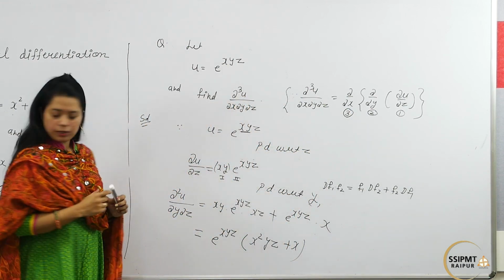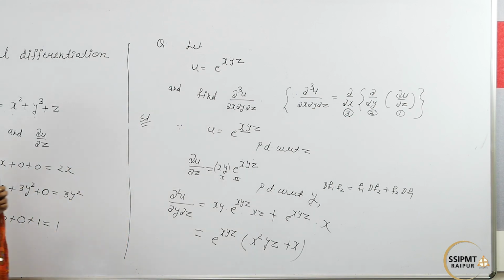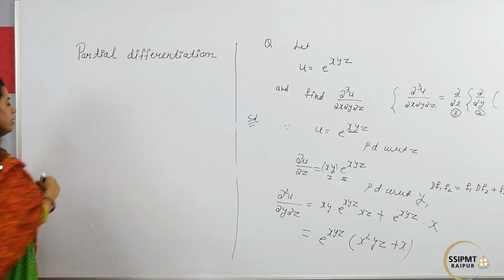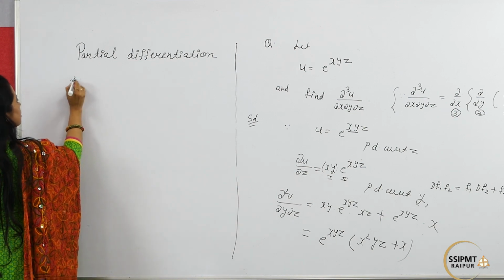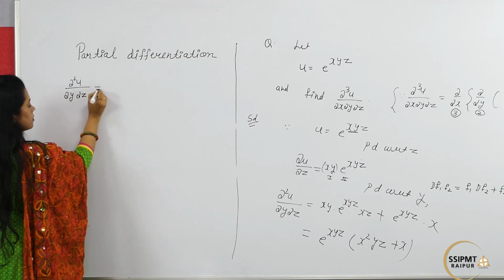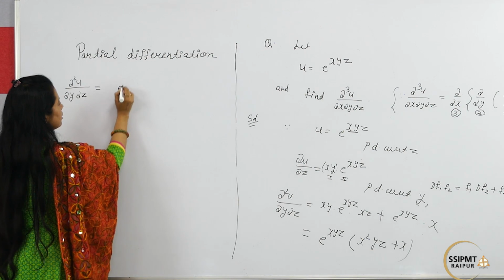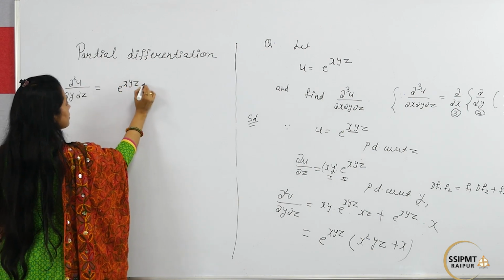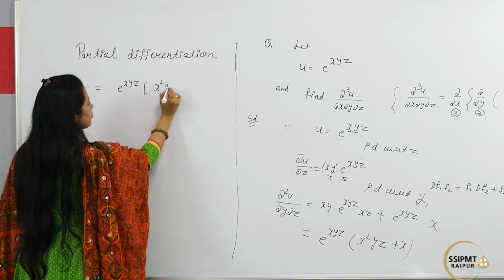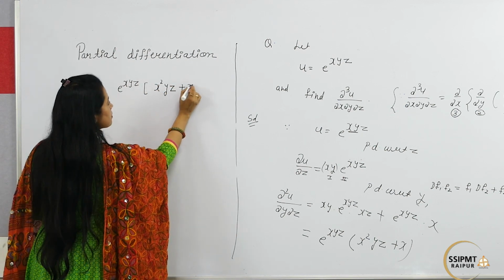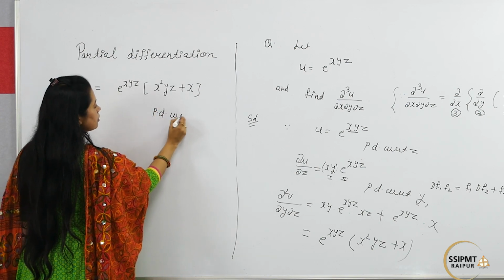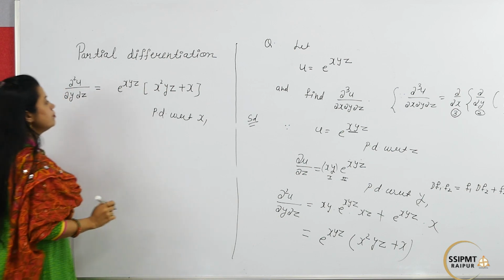Next, to differentiate one more time, with respect to x. So we have the equation del square u upon del y del z is equal to e to the power xyz into x square yz plus x. Now differentiate it partially with respect to x this time.